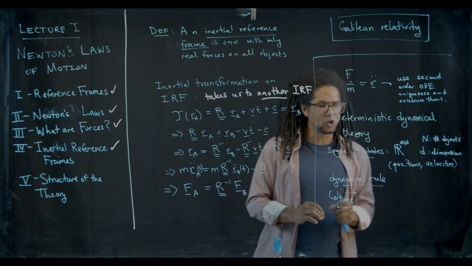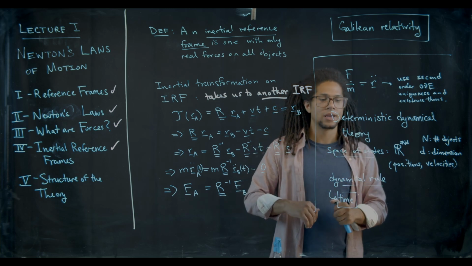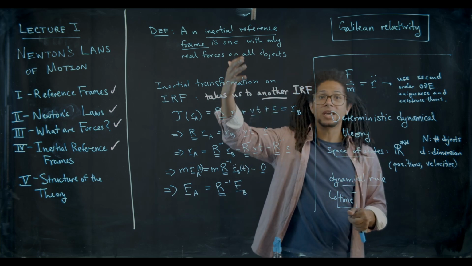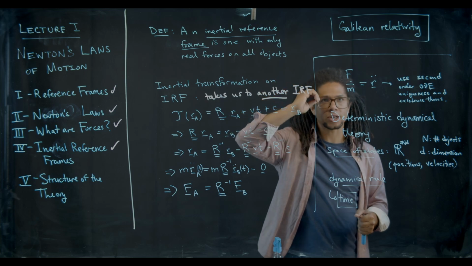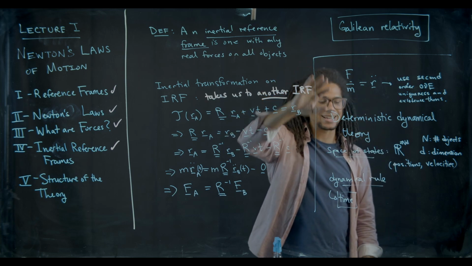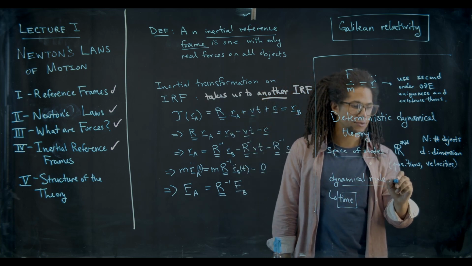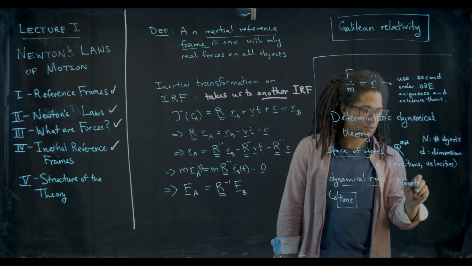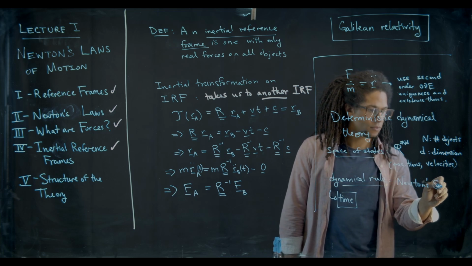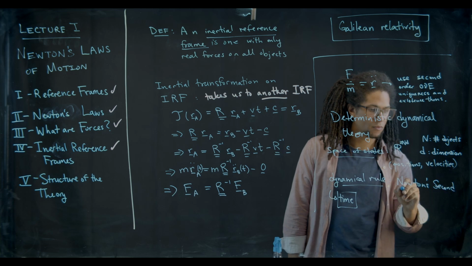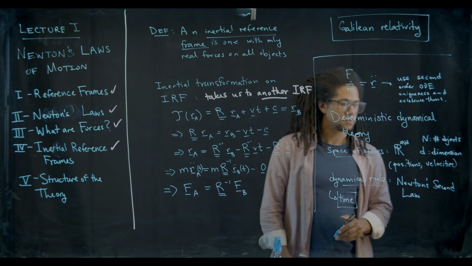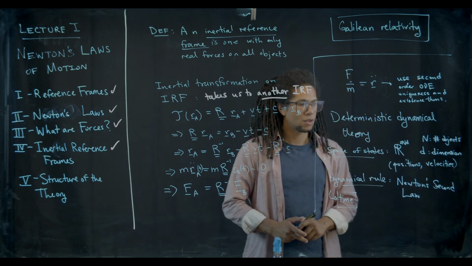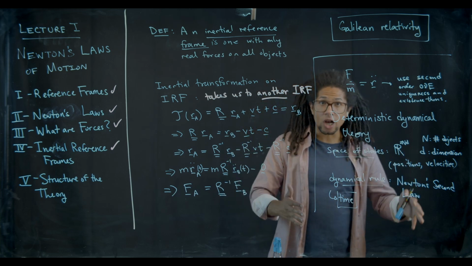In any case, the dynamical rule tells us, given the state, what will be its past and future trajectory. And that's exactly Newton's second law for us.